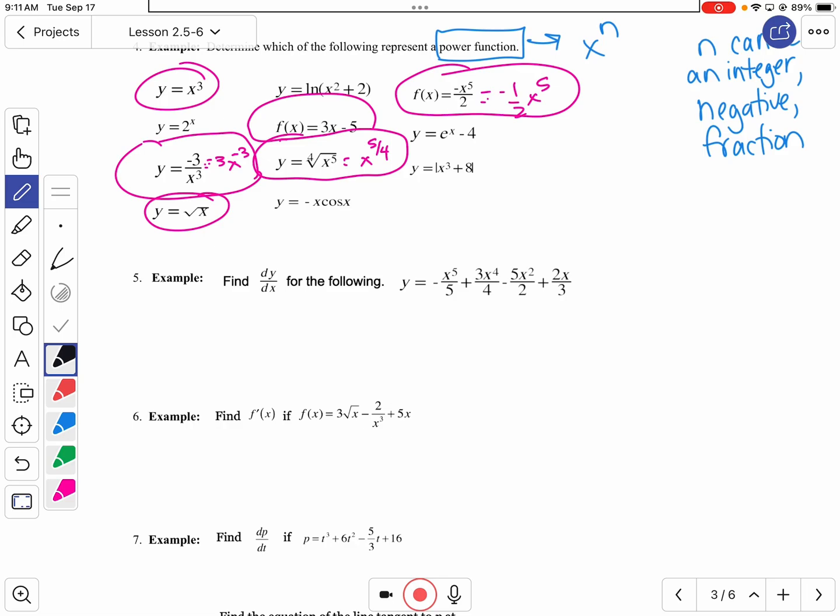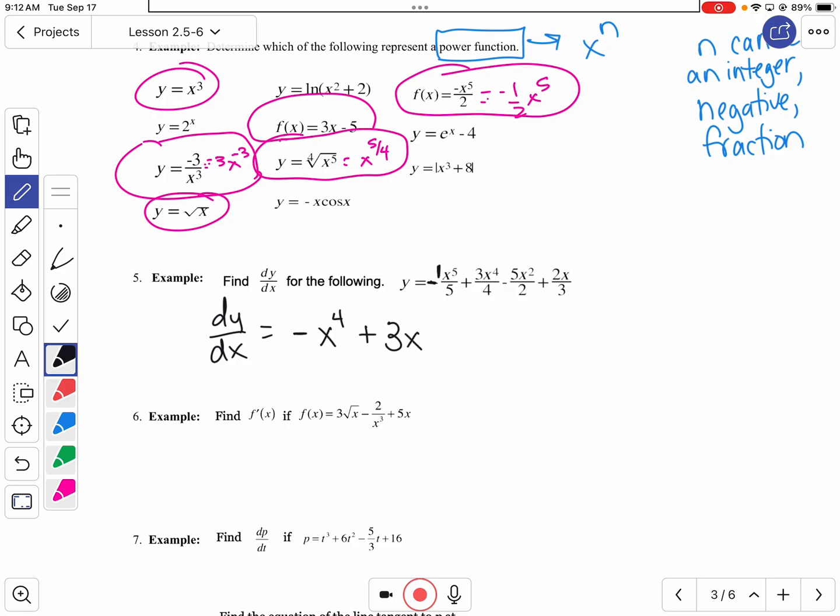All right, are we ready? Let's check this bad boy. What's my coefficient that's already there? Negative 1/5. And so I'm going to multiply that coefficient by my exponent. So what will it give me? Negative 1. X is going to go to what power? The 4th. 3/4 times 4 would give me 3.